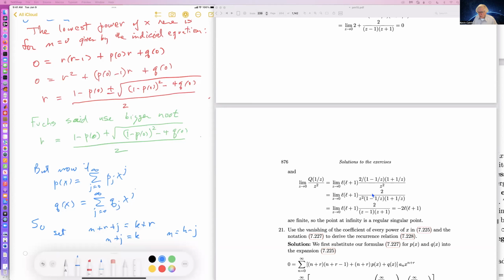Over here, you have z squared, and you can rewrite this in this form, and this just becomes minus l(l plus 1). So this is finite, and so the point at infinity is what's said to be a regular singular point.